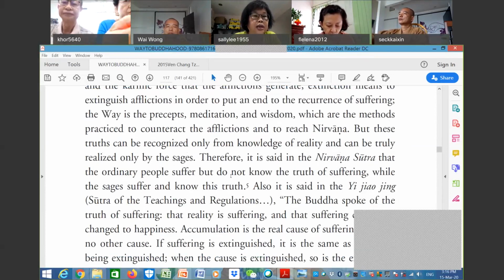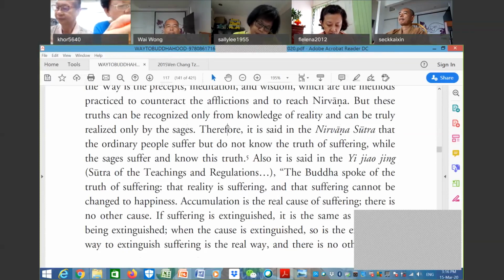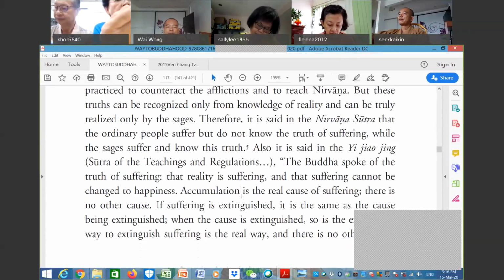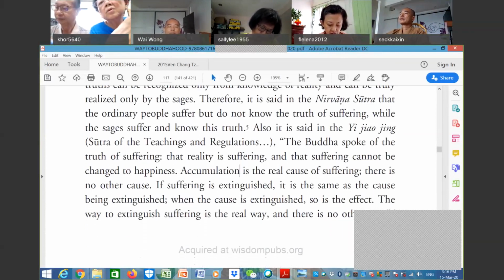Therefore, it is said in the Nirvana Sutra, the ordinary people suffer but do not know the truth of suffering, while the sages suffer and know this. It is also said in another Sutra that Buddha spoke of the truth of suffering, that reality is suffering, that suffering cannot be changed to happiness.